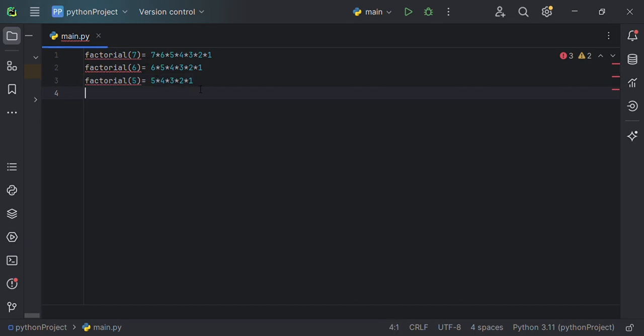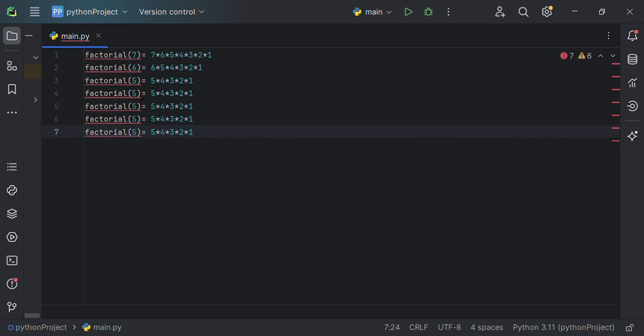Factorial of 4, 3, 2, and 1 follow the same way.